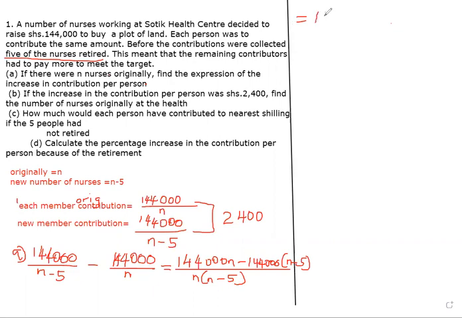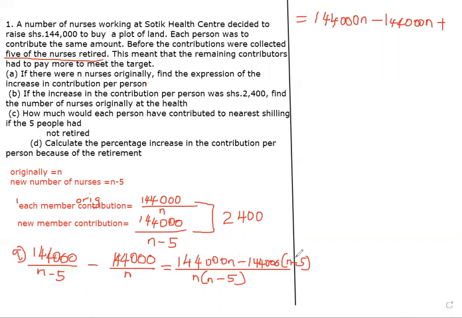We have 144,000 n minus 144,000 n plus, because we have minus times minus.